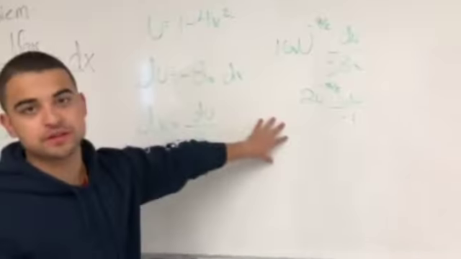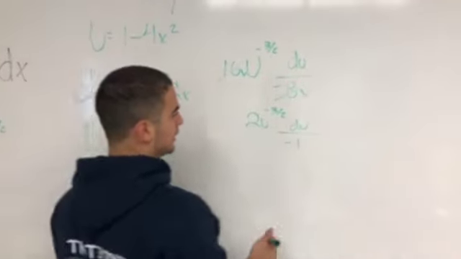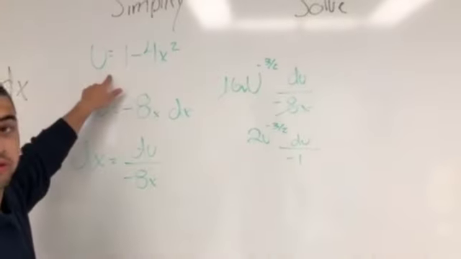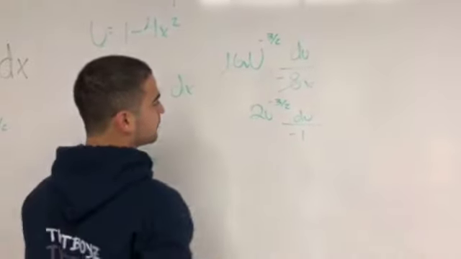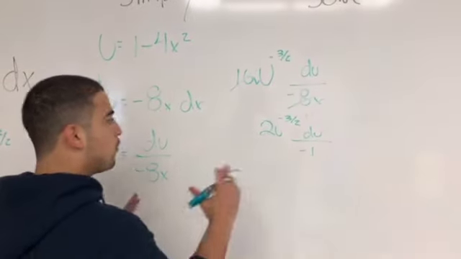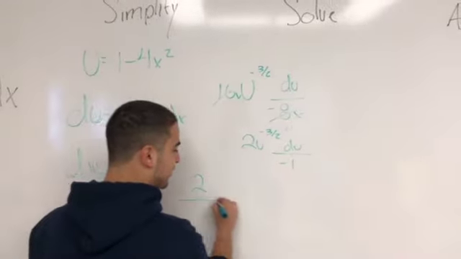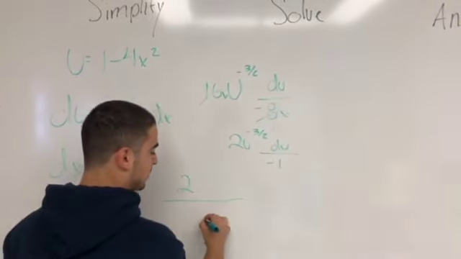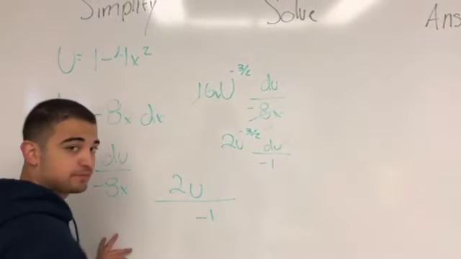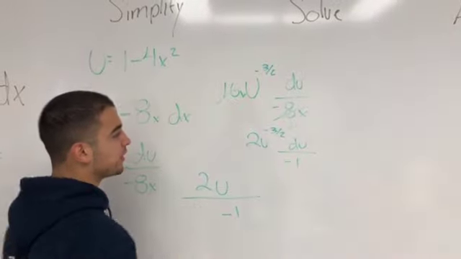So once we have this, we're now going to substitute. We're going to put the u, but first integrate the u. We already have a 2 here. We already have on the denominator a negative 1. So we have the u, which hasn't been substituted, but we need to integrate.